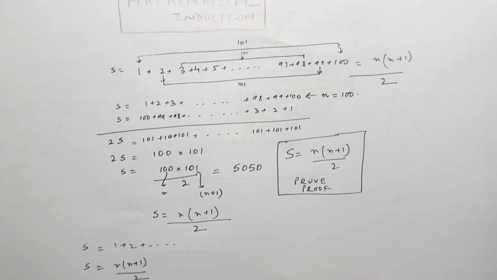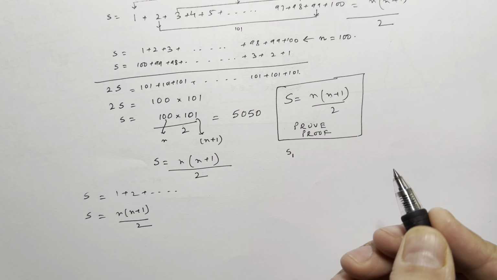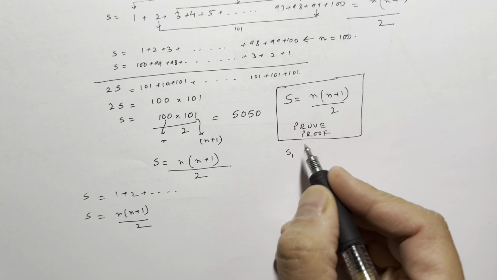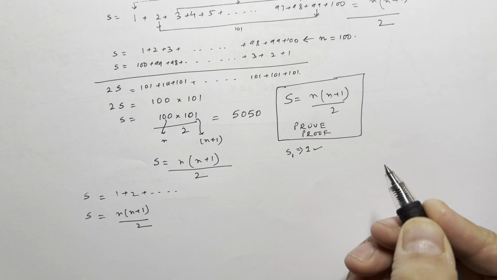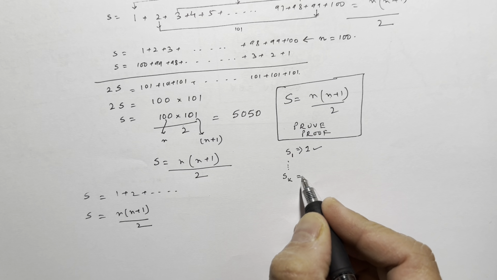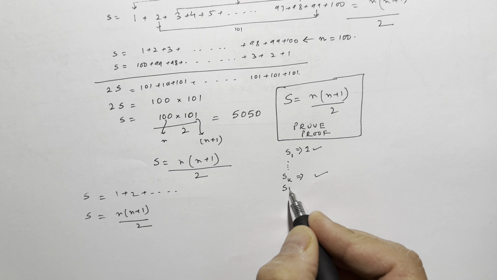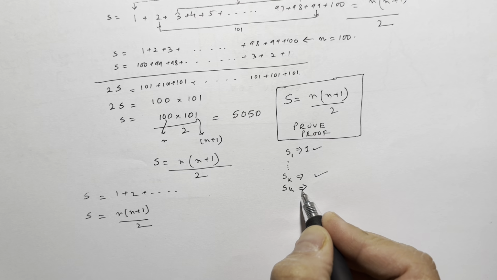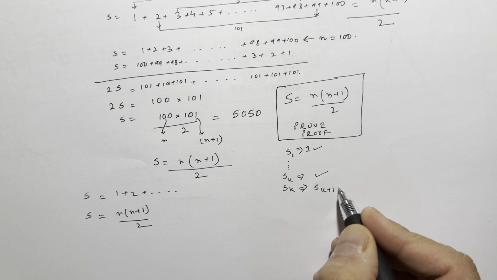What we do is first we look at the value 1. Whatever the statement is, is it true for the value 1? Yes. Is it true for any other number k? It is true. And we then have to show that if Sk is true for number k, then Sk+1 is also true.